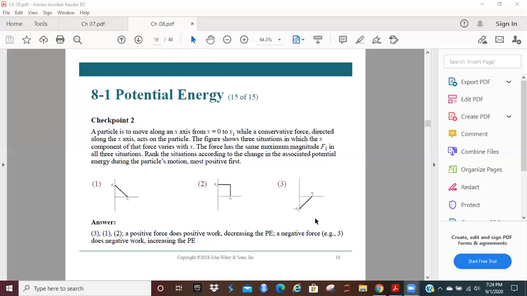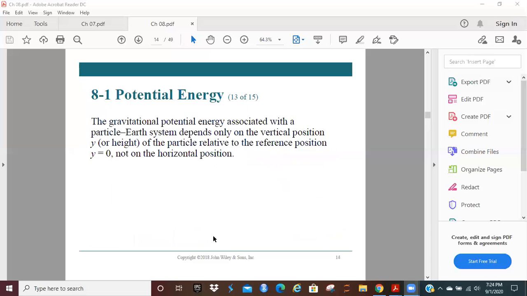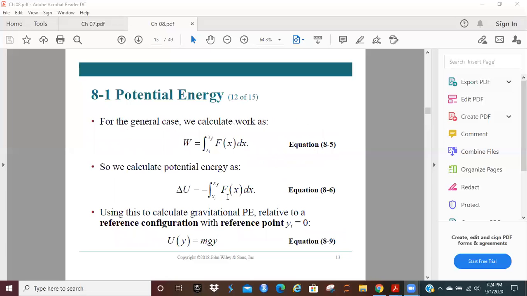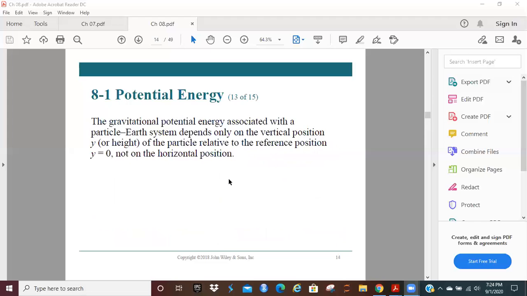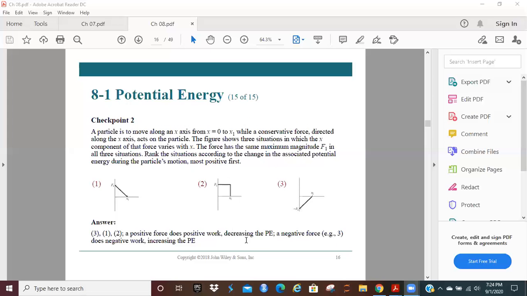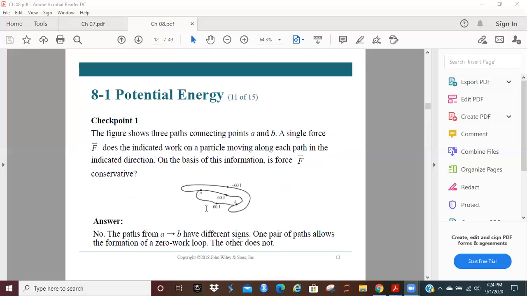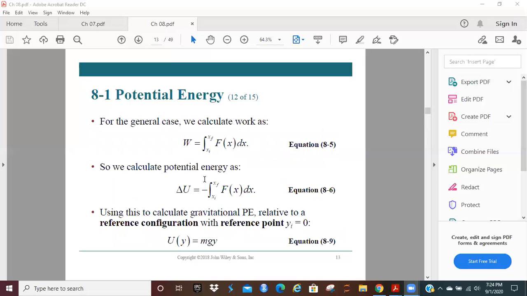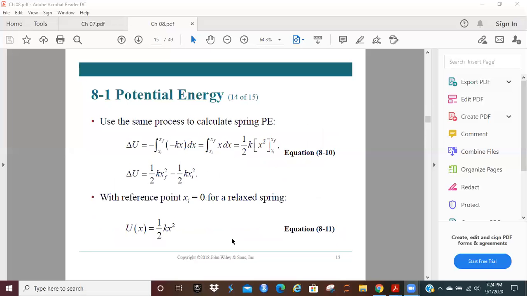So this one's going to be a tough one. This is a tougher exercise, but the key point here is that a positive force is going to do positive work. So positive force is going to do positive work. What that means is the more positive work you have, the more of a decrease you have in the potential energy.